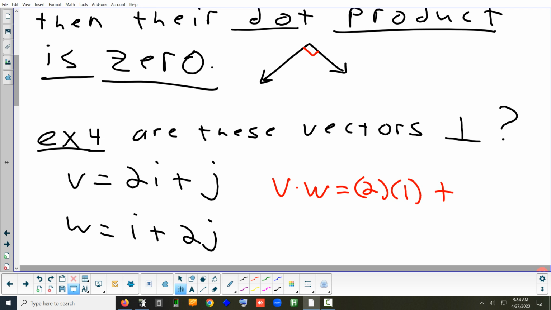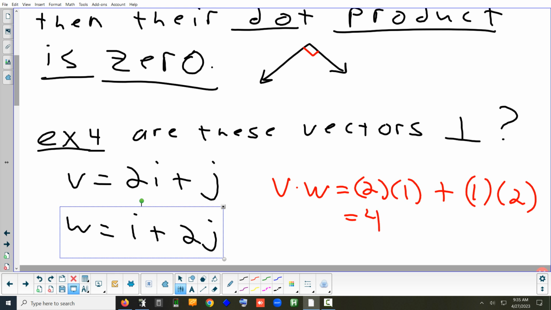What's the dot product between those two vectors? 4. Are they perpendicular? No. To be perpendicular, it has to come out to 0. So the answer to this question, are these vectors perpendicular? No.